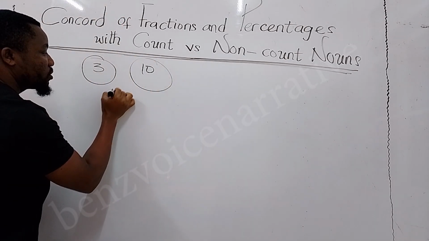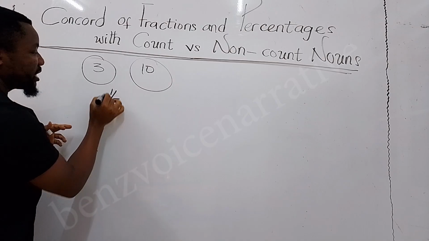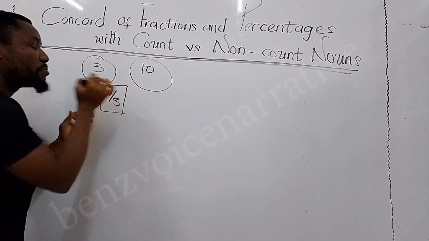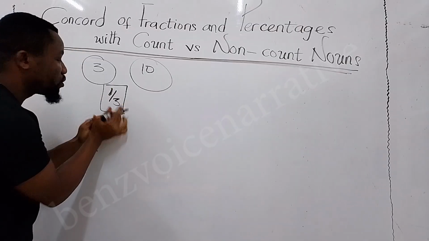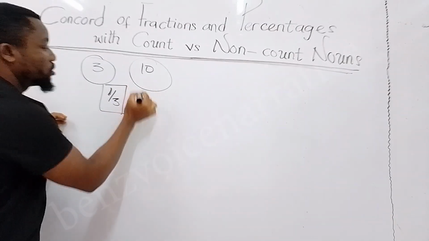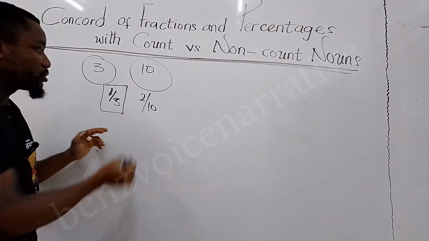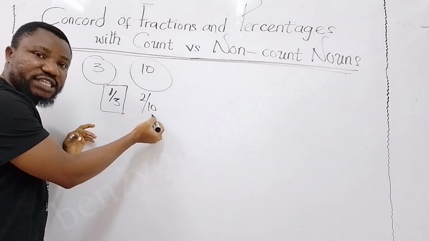Now, if you have 1 over 3, this is a fraction because this 1 is just a part of 3, a part of this whole number. 2 over 10 is a fraction because 2 is a part of 10.